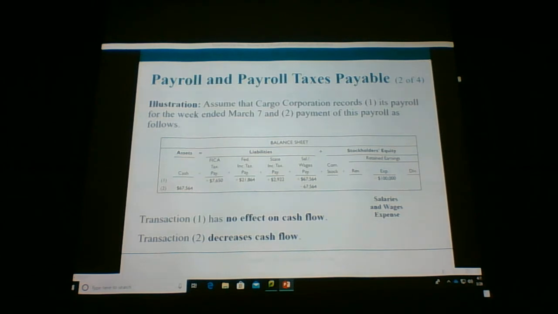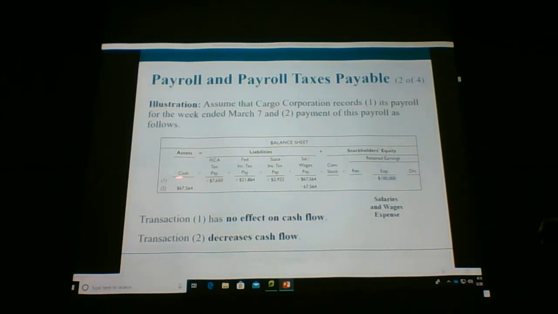so if we've withheld federal income tax, and we've withheld their Social Security and Medicare out of their pay, the employee's net pay is going to end up being $67,564. This is the total of all the paychecks to employees.